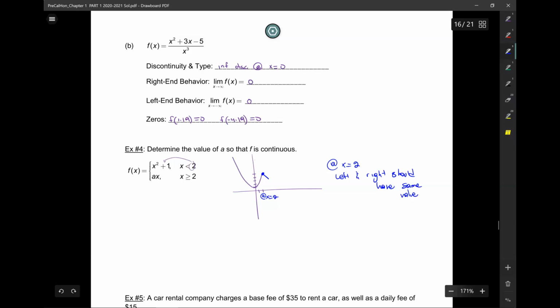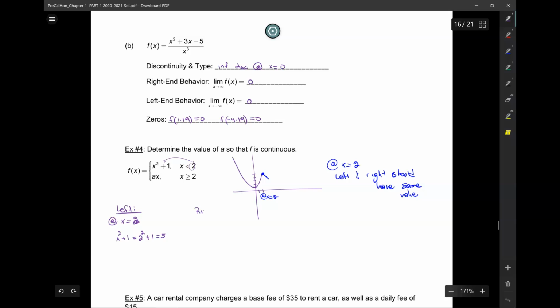So what's the function to the left? At x equals 2, the function to the left is x squared plus 1, which is 2 squared plus 1, which is 5.